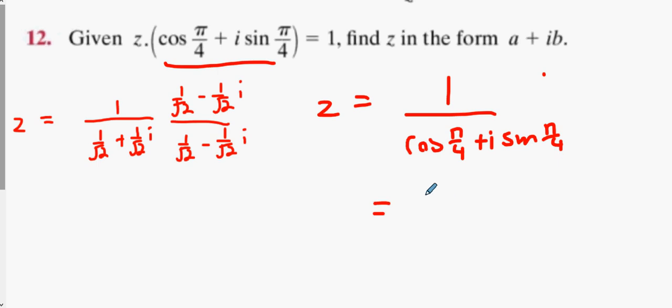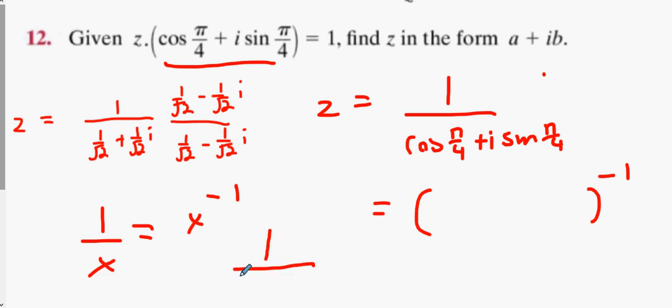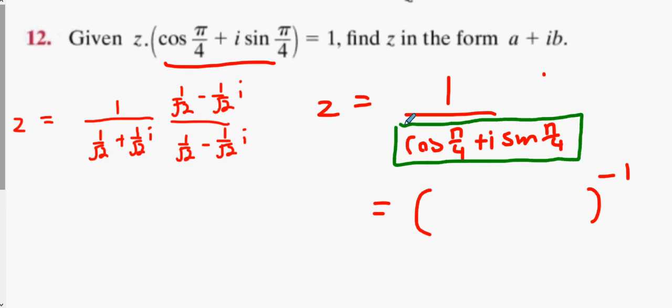And that's basically that number to the power minus 1, isn't it? If you're wondering how I got that, 1 over x is x to the minus 1. 1 over anything inside the box is that box to the power minus 1. So this part here is all contained within a box, and it's cos pi over 4 plus I sine pi over 4, to the power minus 1.